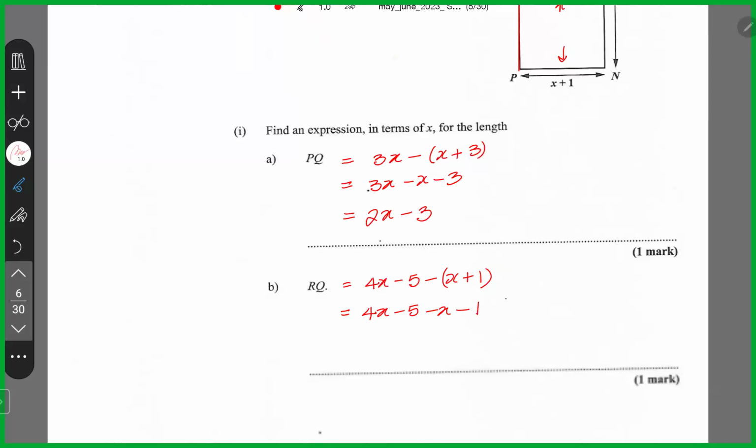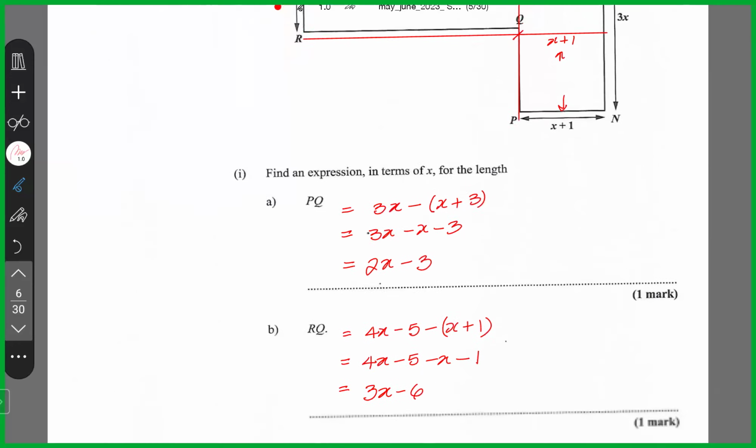That's the distributive law. So what we have here is 4x minus x is 3x, and minus 5 minus 1 is minus 6. If the signs are the same, we add and keep the sign.